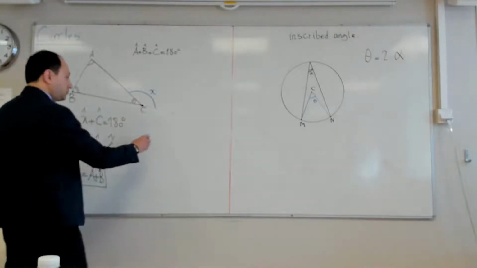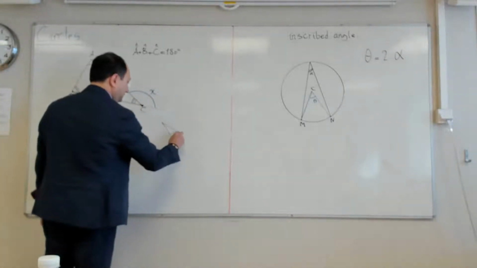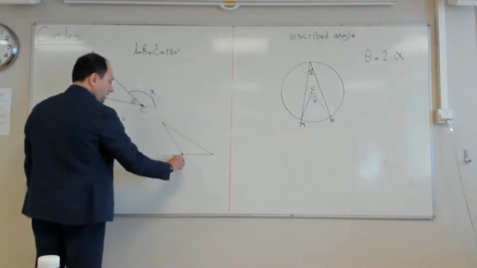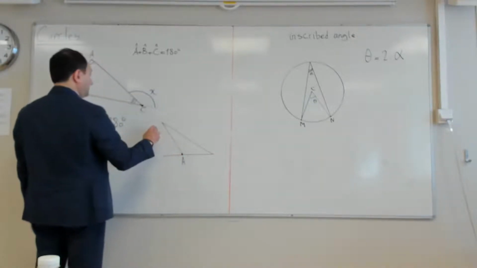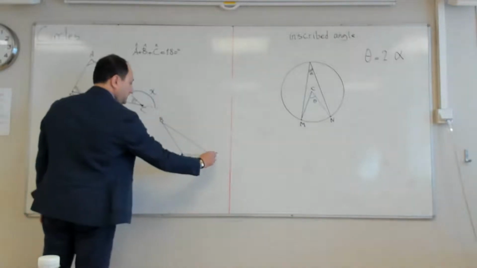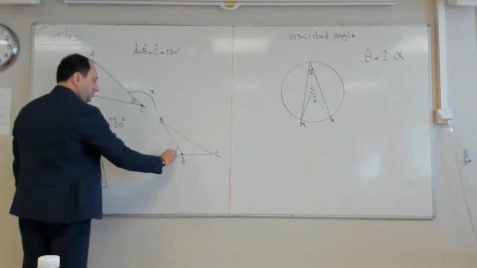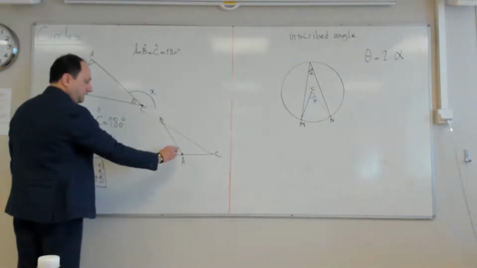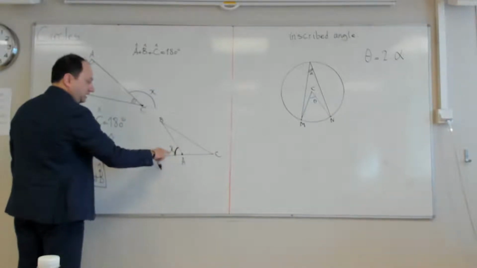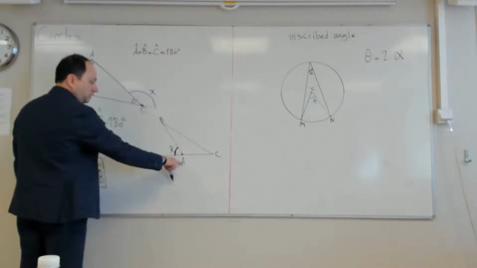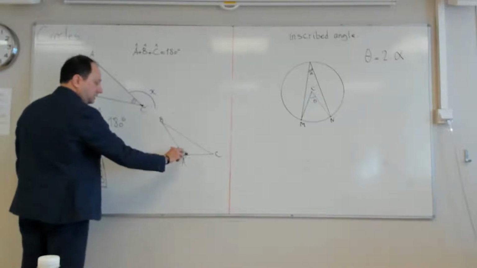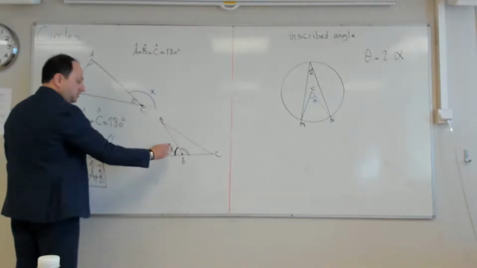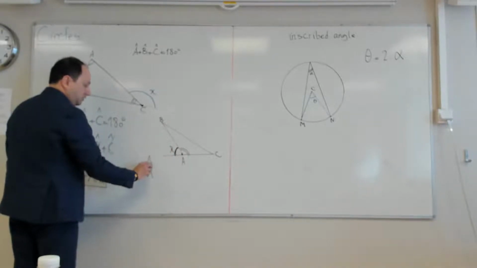For example, if I draw another picture for you here. Let me call this one A, let me call this one B, let me call this one C. If I ask you, what can I write for this angle X? Hopefully you agree with me, this angle is the exterior angle for angle A. Yes, this one is the interior angle corresponding to X. If I ask you, what can I write for this exterior angle?